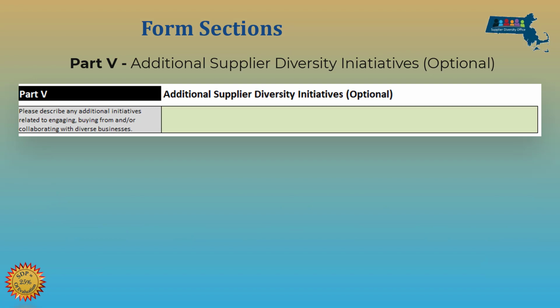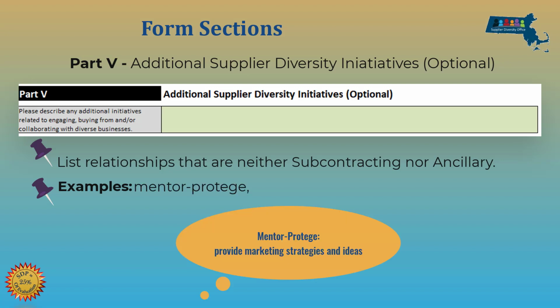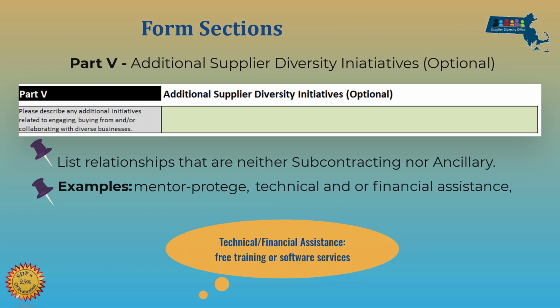Part 5 of the form is another optional section that gives you the opportunity to list any relationships with diverse businesses that are neither subcontracting nor ancillary. Now, these types of relationships may include, but are not limited to, serving as a mentor in a mentor-protege relationship. For example, your company may provide marketing strategies to diverse businesses, offering technical and financial assistance to diverse businesses.